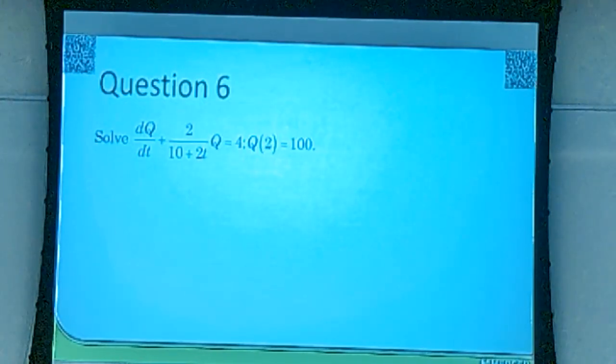Is that linear? What's the dependent? What is the independent? Is that in standard form?